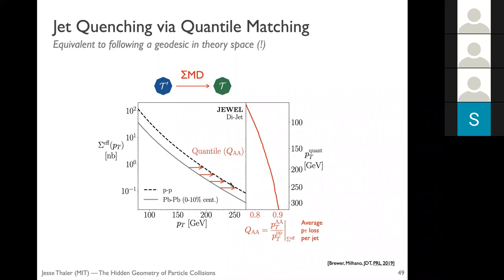Oh, so in this particular plot here, this is a plot that's taken after having done an underlying event subtraction scheme. So actually, there's no distortion here if I did a perfect pileup mitigation. But you're correct that you can think about this exact same kind of transportation plan in the context of pileup. So you can think about one theory as being the theory without pileup and what the cross sections for various observables would be.